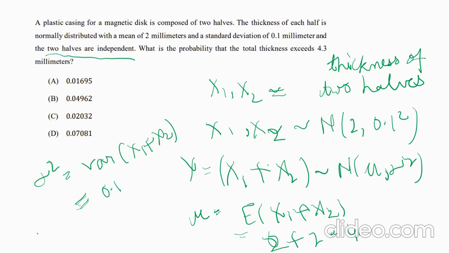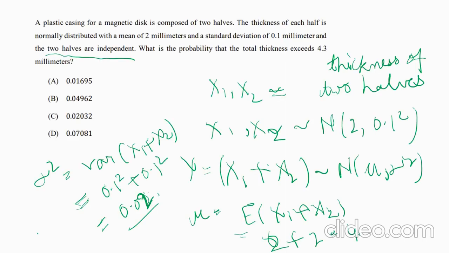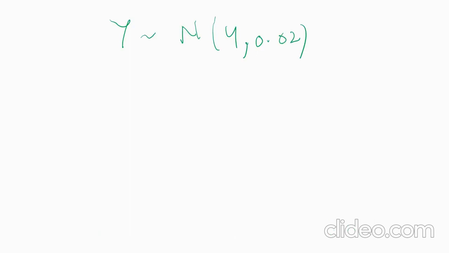So this one is 0.1 square, this one is 0.1 square, that means 0.01, so it will be 0.02, right? So now we know Y follows N(4, 0.02). Now the question given here is what is the probability that total thickness exceeds 4.3?